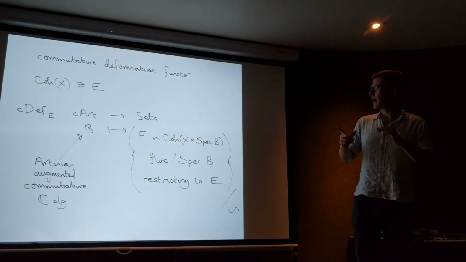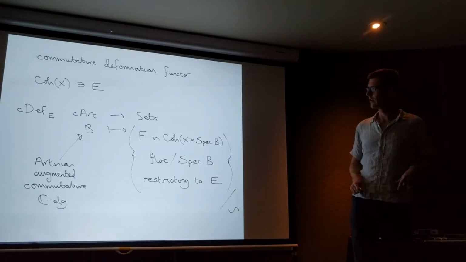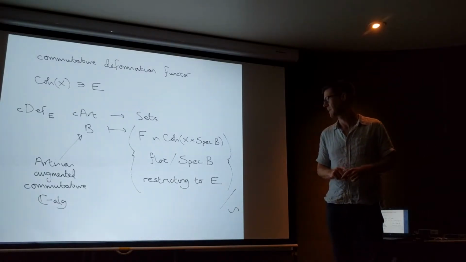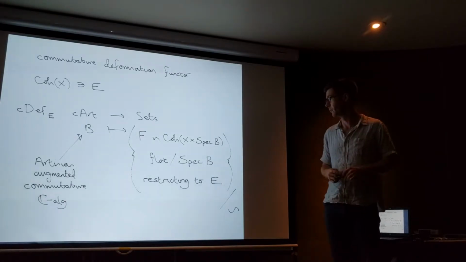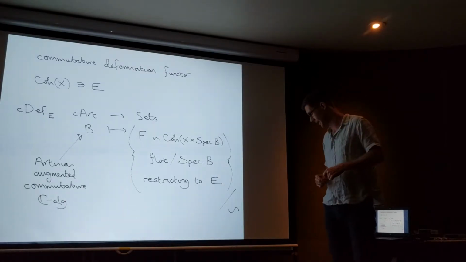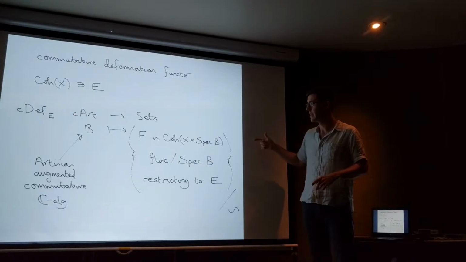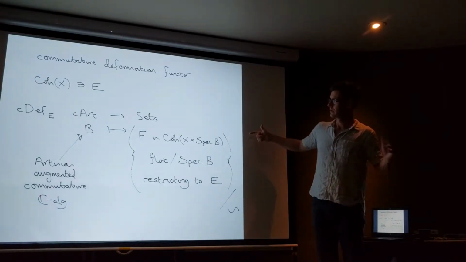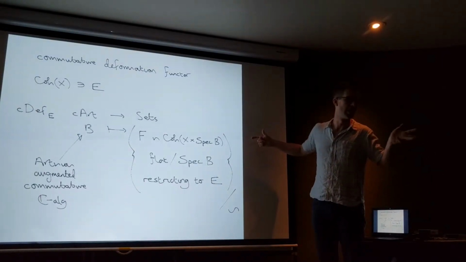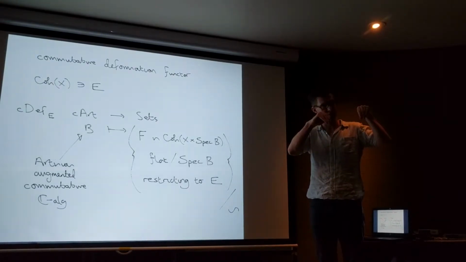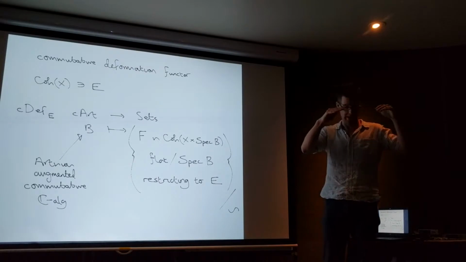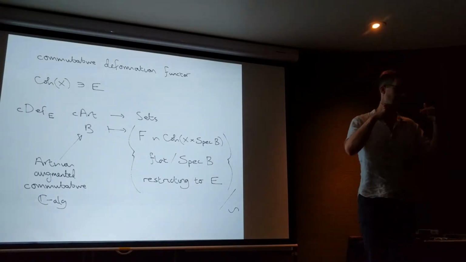So now I just want to change the viewpoint on this a little bit to put it in a form that will generalize to the non-commutative world. And that's not so hard. All I do is take my F, a coherent sheaf on X times spec B. Now that has a projection to X, and I can push down F via that projection.